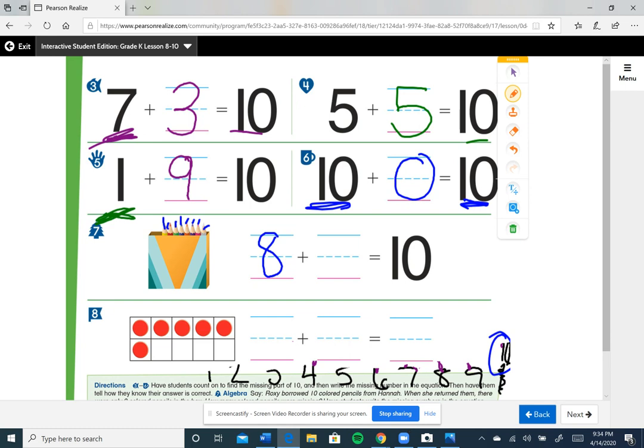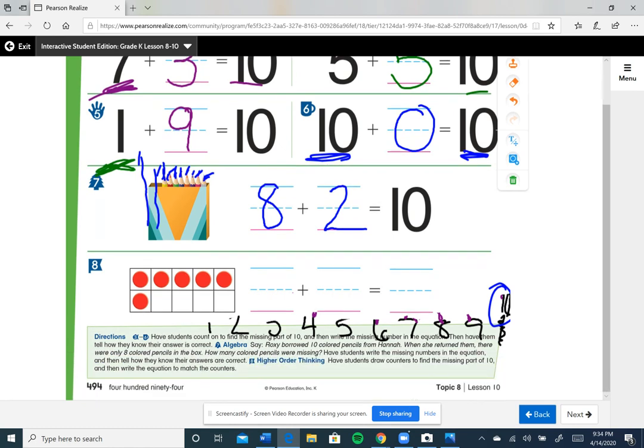And that answer is 2. We need 2 more. So I'm going to draw 1 pencil and another pencil. Now I'm going to double check my answer by counting all of them to make sure it's 10. 1, 2, 3, 4, 5, 6, 7, 8, 9, 10. Perfect.